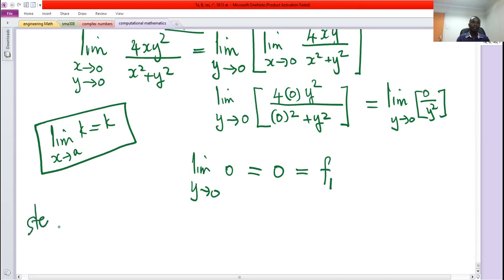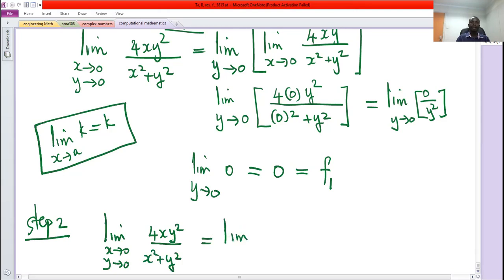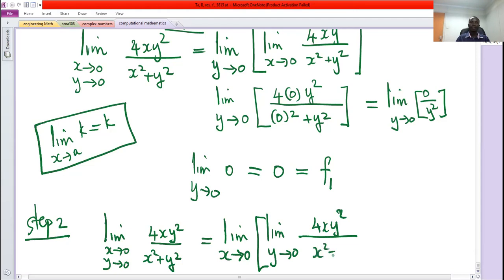Step 2, we reverse the order. Now we write the limit as x approaches 0, y approaching 0 of 4xy squared over x squared plus y squared. We write this one as the limit as x approaches 0, and then we start by the limit as y approaching 0 of 4xy squared over x squared plus y squared. So direct substitution will give us the limit in the square bracket.